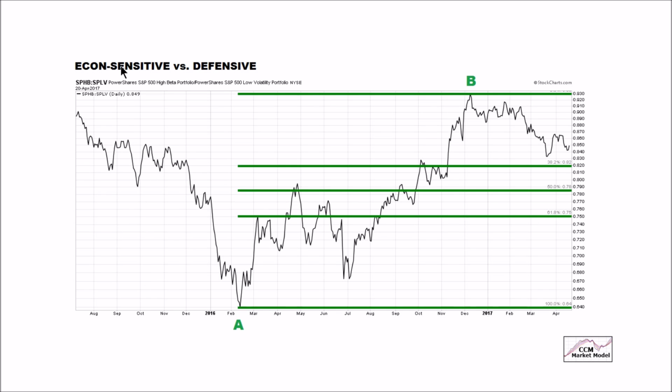We're looking at economically sensitive SP high beta relative to SP low volatility that overweights defensive sectors. Given the facts that we have in hand as of April 20th, 2017, from this A to B move, this looks like a normal retracement or counter-trend move within the context of an ongoing and established bullish trend.